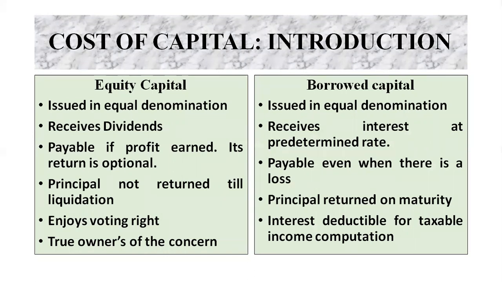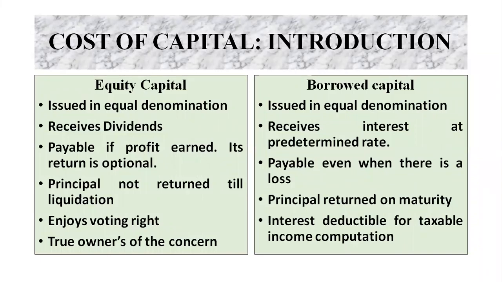So we are now continuing the lecture of the previous class. Actually, we are discussing cost of capital. We have already mentioned what we mean by capital. It is basically the fund collected partly from equity shareholders and partly from borrowed funds.